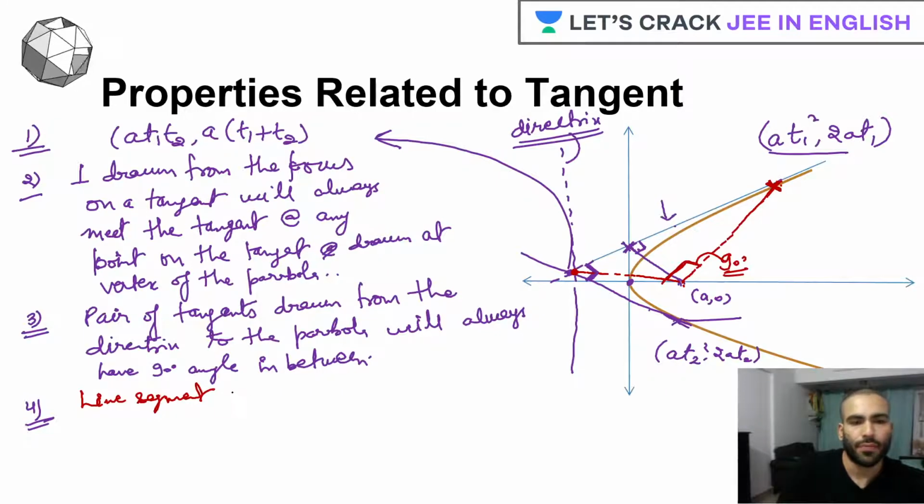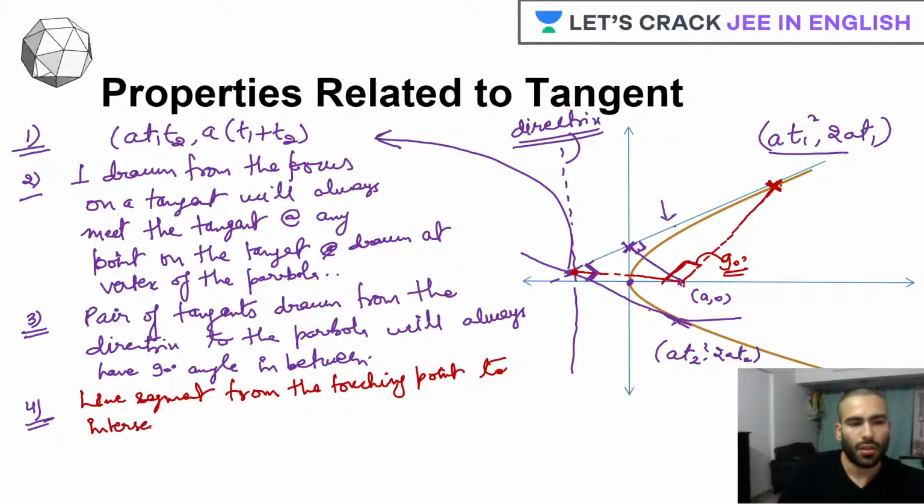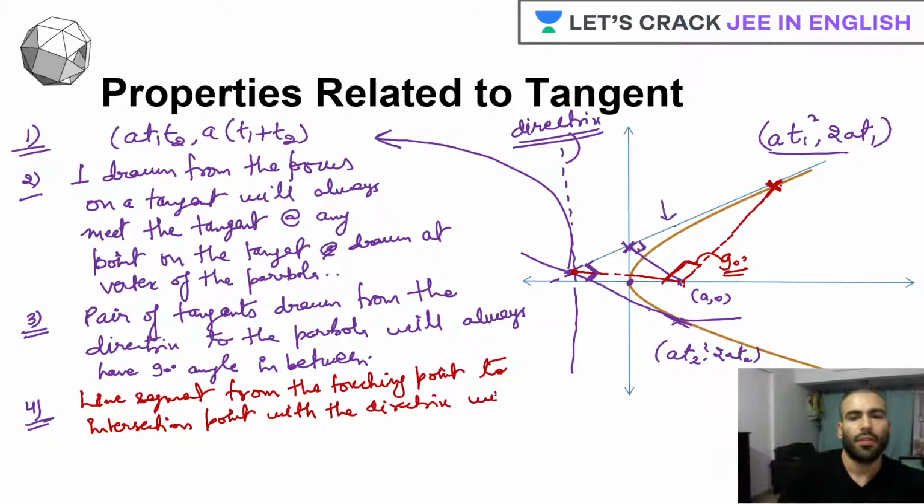The line segment from the touching point to the intersection point with the directrix will always subtend a 90-degree angle on the focus.